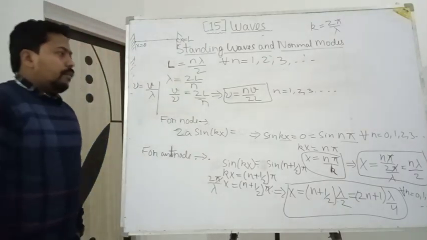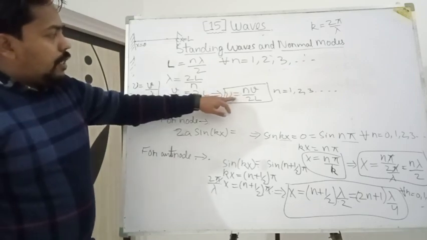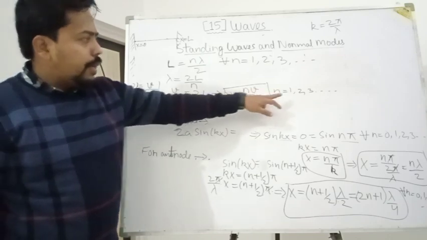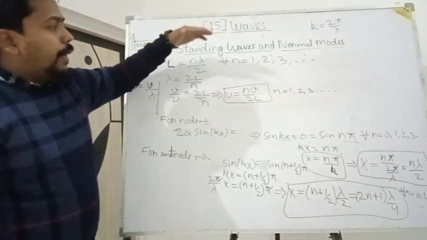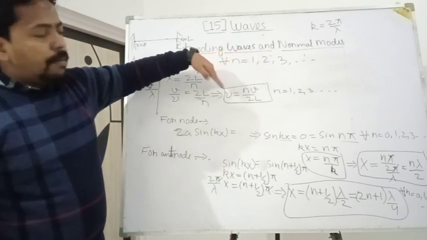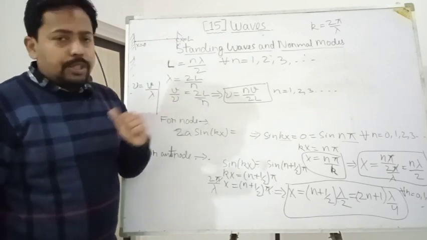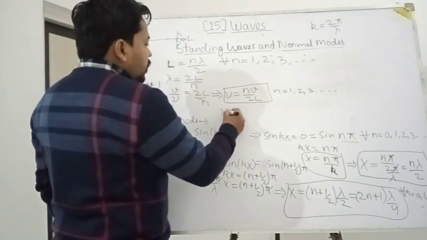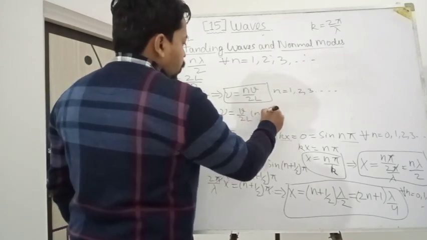By putting n equals 1, n equals 2, n equals 3, n equals 4 and so on, we will be getting certain modes of the oscillation, and those are said to be the normal modes of the oscillation. So when we put n equals 1, we get the expression V upon 2L.